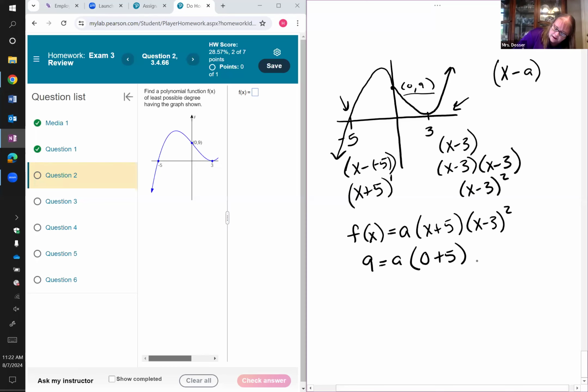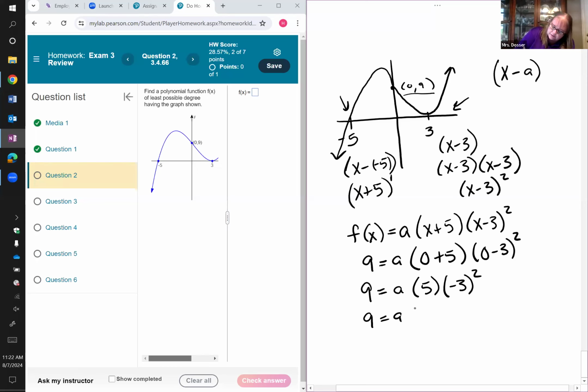So 0 plus 5 times 0 minus 3 squared. Now we just need to simplify that to determine what a is. So simplifying inside our parentheses, we have 9 is equal to a times 0 plus 5 is 5 times 0 minus 3 is -3 squared. Taking care of our exponent, -3 squared is +9.